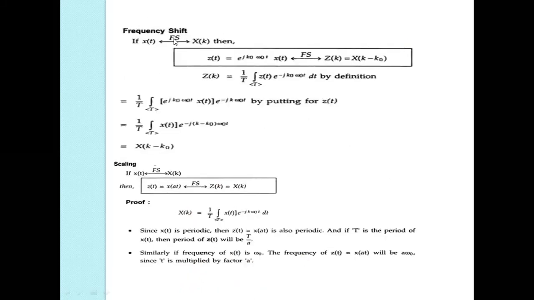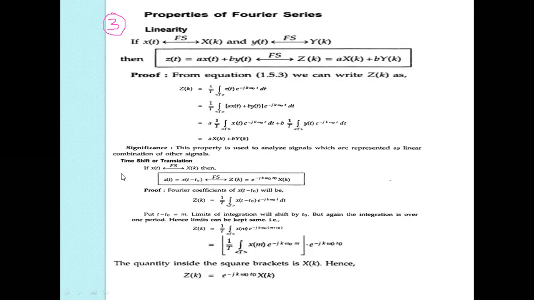Frequency shift property. The third property it is. The second property we have already seen. The second is the time shift property, and the first one is the linearity property.